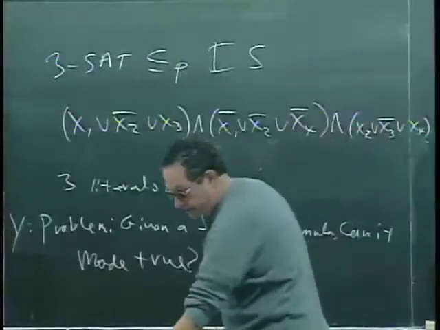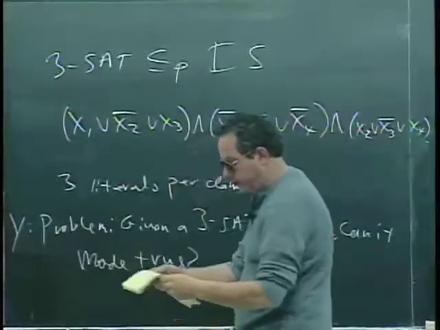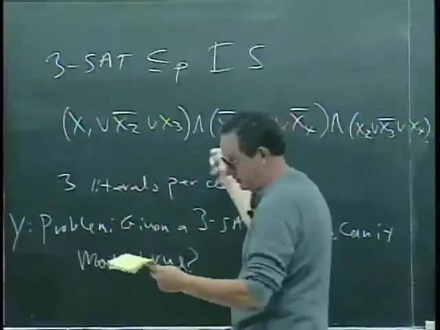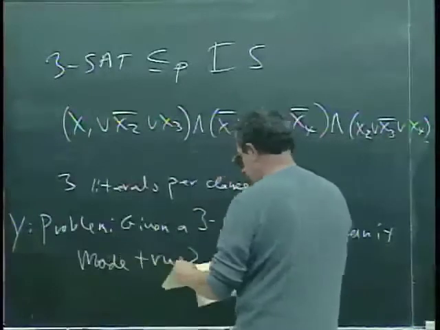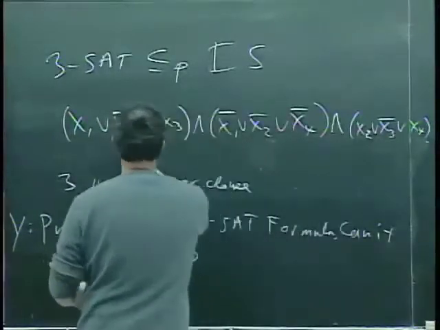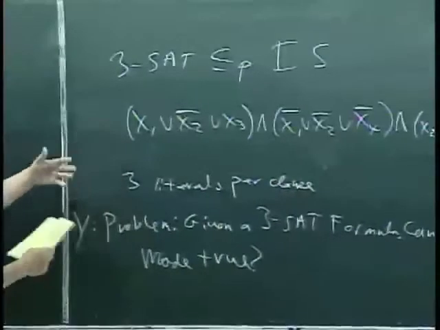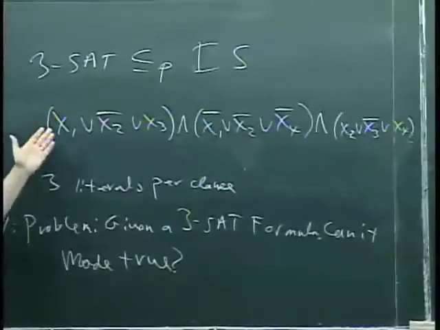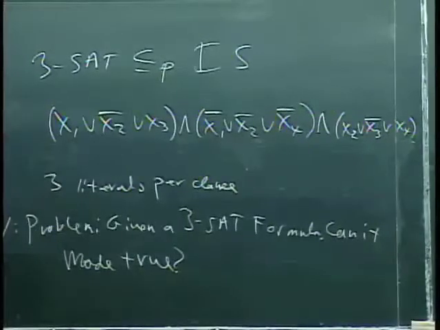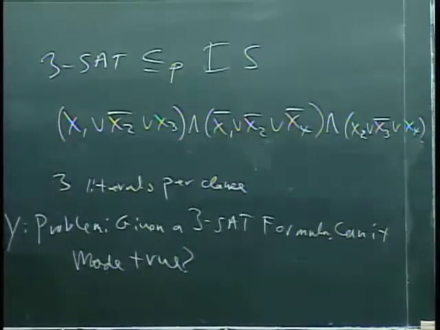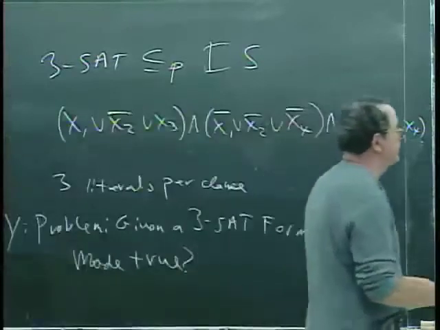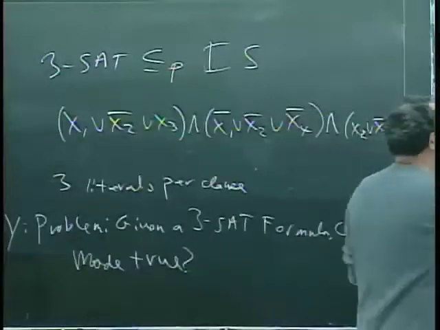And I'm going to show you the idea of the reduction just on this particular example. So in comes the input. Let's consider this example as an arbitrary instance of a 3-SAT problem. And my polynomial time reducer is going to produce a graph that's going to look like this.